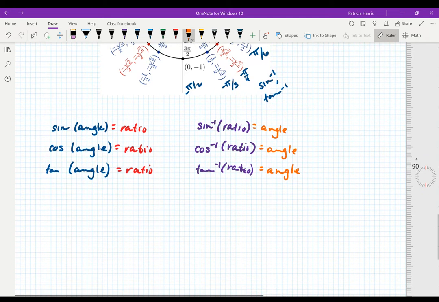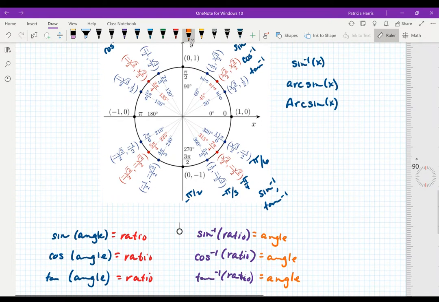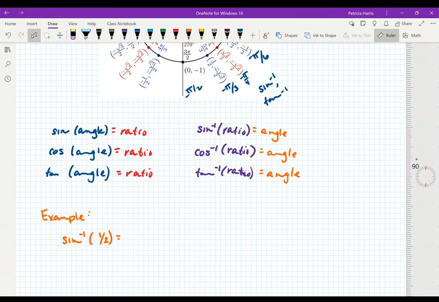Okay, so if, for example, I say, okay, what is sine inverse of 1/2? What you would look for is you go back up to your unit circle, you look in the first quadrant and the fourth quadrant with the negatives, and you'd look for where sine gives you a positive 1/2, and that happens at pi over 6. Okay, and that would be your answer.